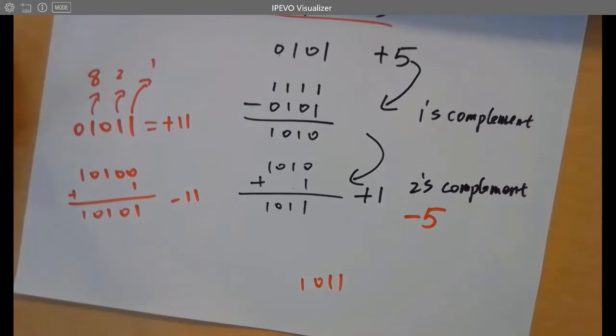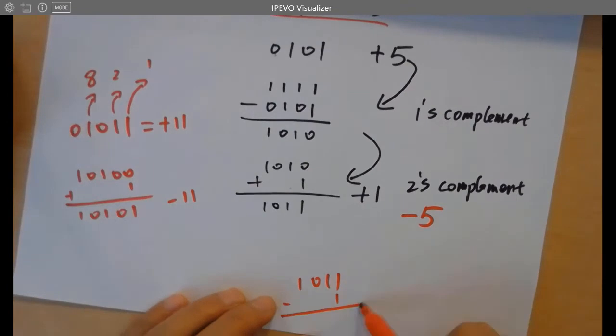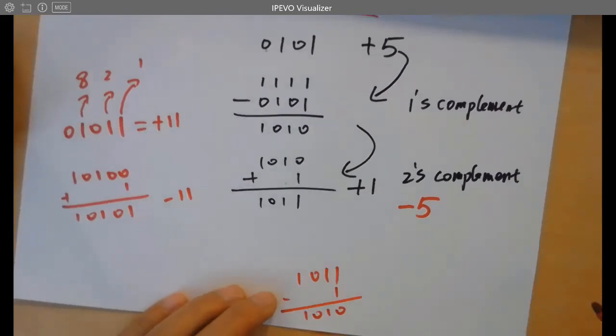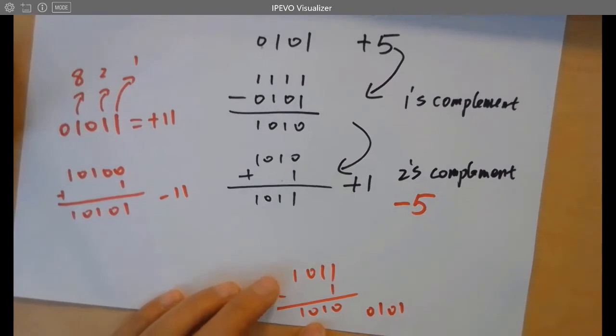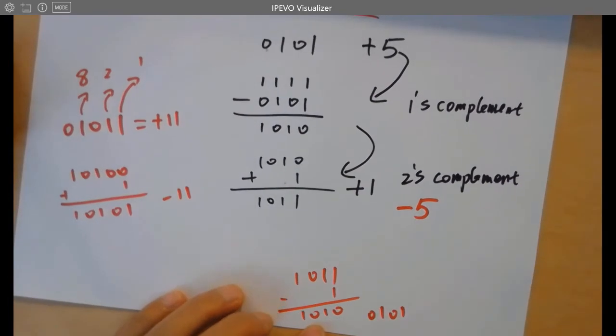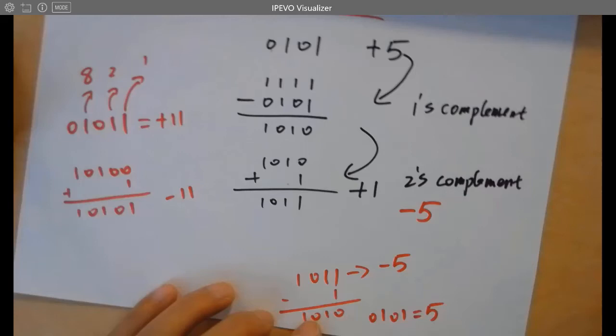And then you'll see the positive number, and then you know what that negative number is. So minus 1, you get 1010, and invert it: 0101. So what is that? 5. So what is this number? Minus 5.